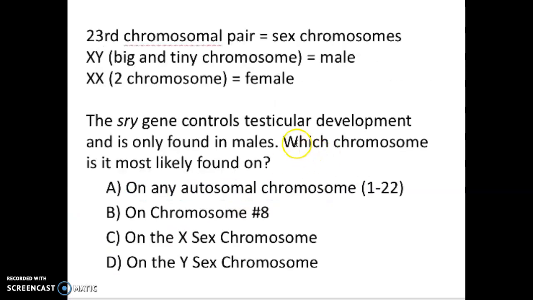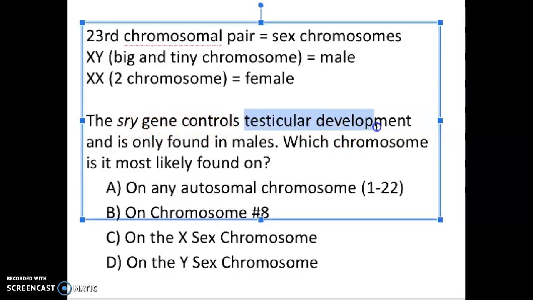Let's take a look at this question. It says the SRY gene, so there's a gene and it codes for a particular trait, which is testicular development. And we know that testicles are only found in males. So that is our key information here. Which chromosome is this gene most likely found on?